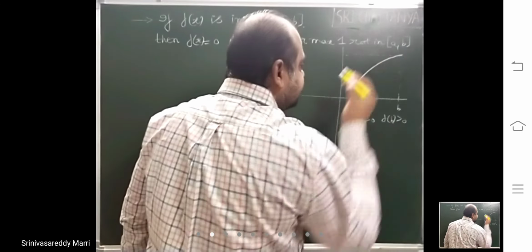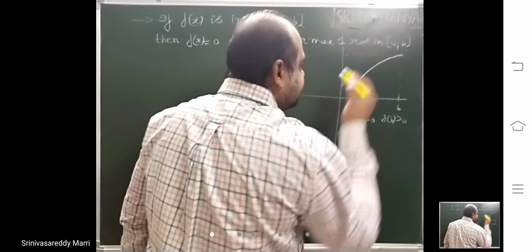That means it won't cut x-axis at any point. What is meant by root? If it cuts x-axis, then that point is called root. So this graph will not cut x-axis, no root. No root of f of x equal to 0.